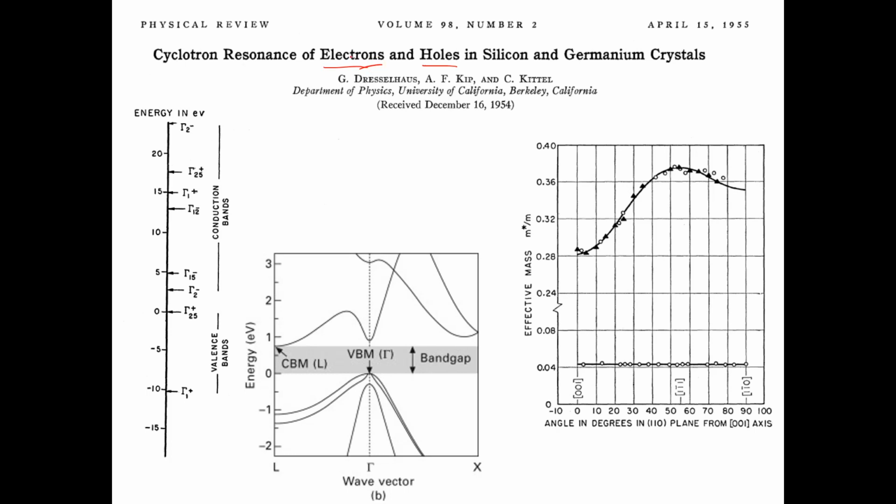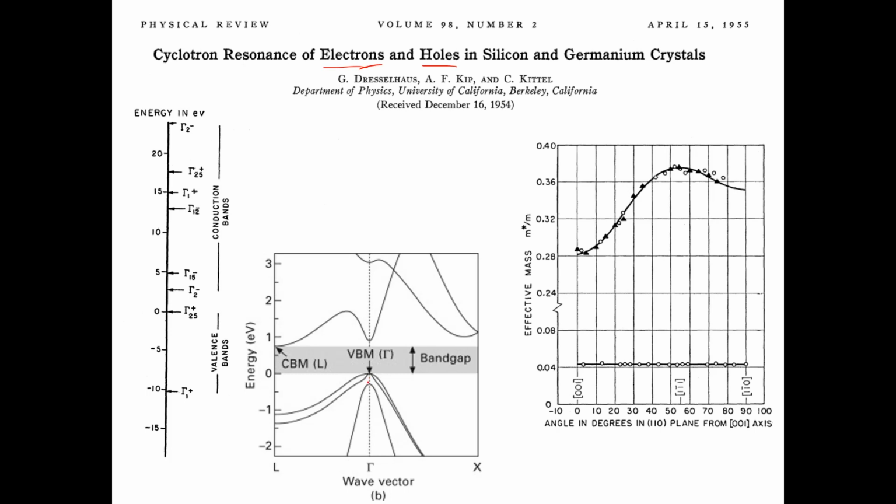And this is, for instance, the result for the top of the valence band. The top of the valence band would be threefold degenerate, but there is a split here we have not dealt with yet.